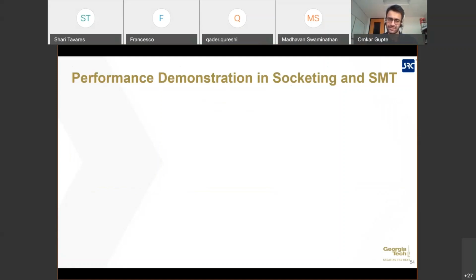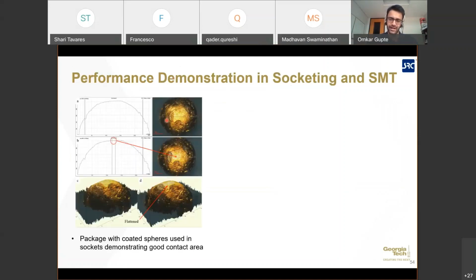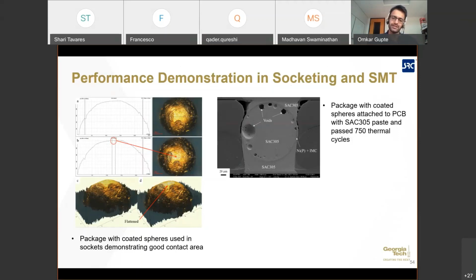And then finally, the performance of these coatings was demonstrated in both socketing and SMT applications, where we placed the package in the socket and applied a normal force from the top to see that we could get sufficient contact area between the solder sphere and the socket paddle.